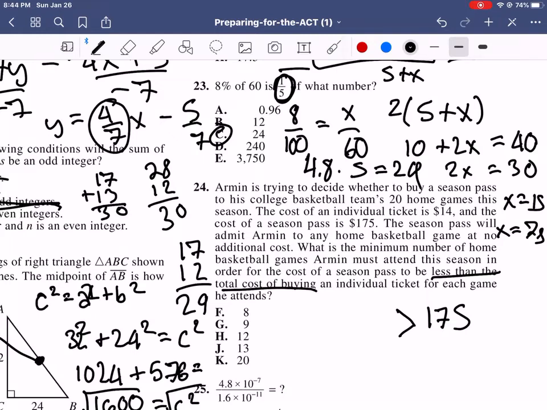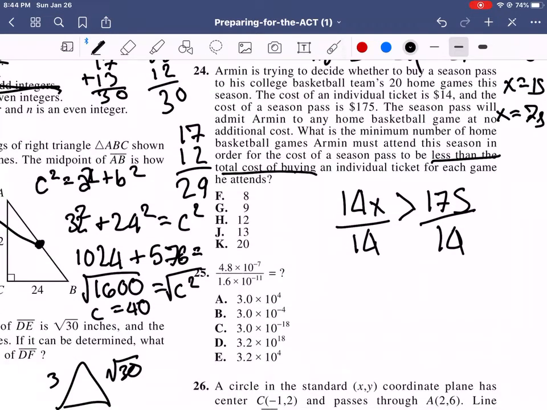Okay. So you're looking for when the cost of the season pass is less than... Oh, yeah, okay, so the number of tickets. So 14x. So divide by 14, divide by 14. 175 divided by 14 is... Ooh, my calculator doesn't want to work.